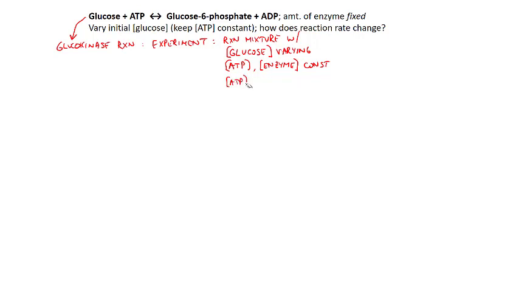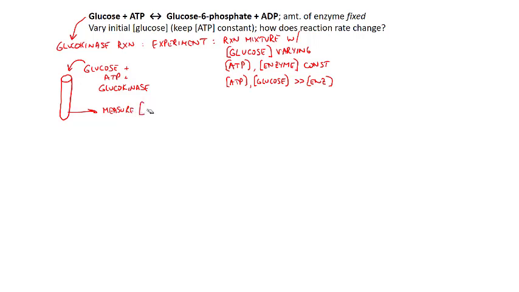And our concentration of ATP and glucose are going to be much greater than our concentration of enzyme. So in other words, all we're going to do here is take a test tube. We're going to throw in glucose and ATP and glucokinase. And then we're going to measure our concentration of glucose 6-phosphate as a function of time after mixing.